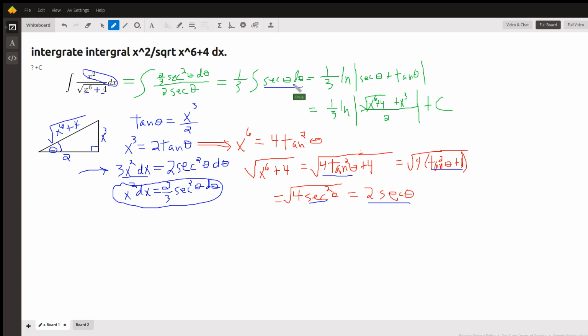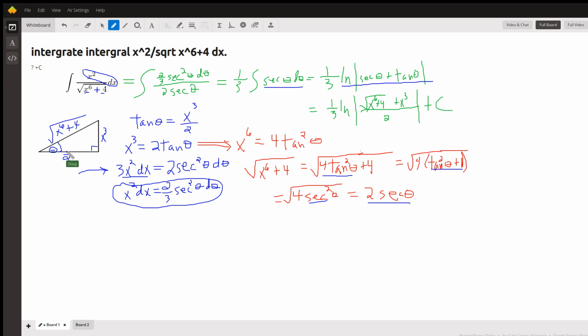And now you have to know how to find the antiderivative of secant theta d theta. You've probably done that already, but there's the formula for the antiderivative. That's one of the formulas for the antiderivative of secant theta. And all that remains is to replace secant theta in terms of x.